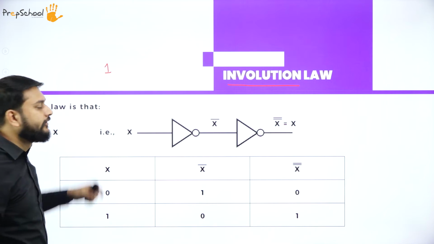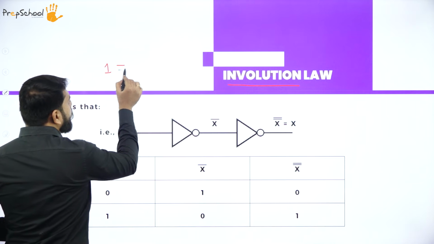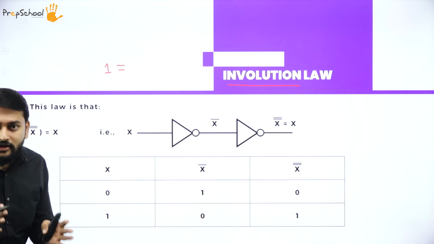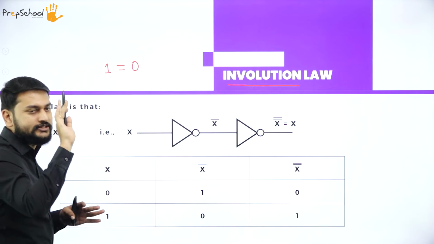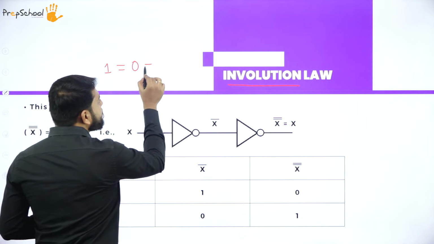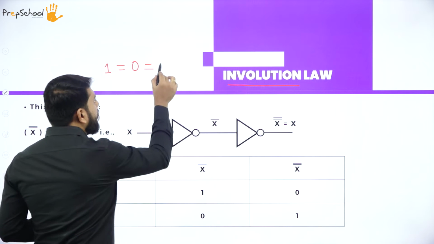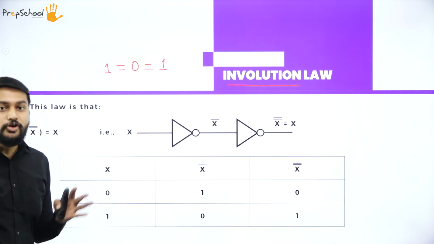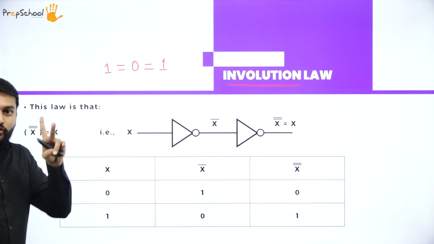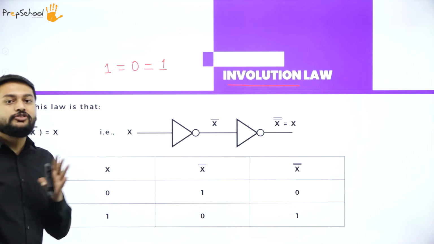I have 1. If I complement this 1, what value will I get? I will get 0. Yes or no? Yes. Again, if I complement this 0, what will be my answer? My answer will be 1. I came back to 1 again, right? If you complement two times, you will come back to the same value.